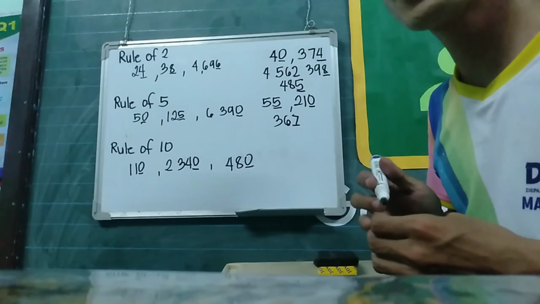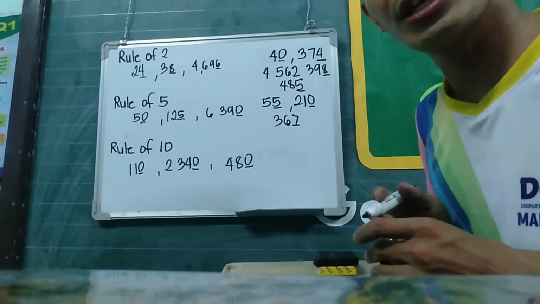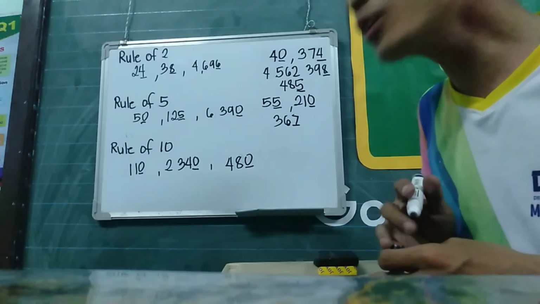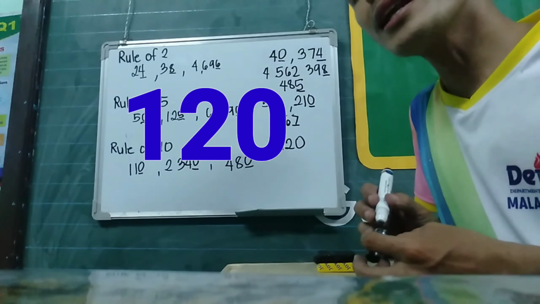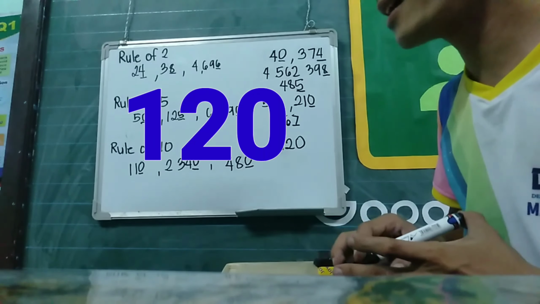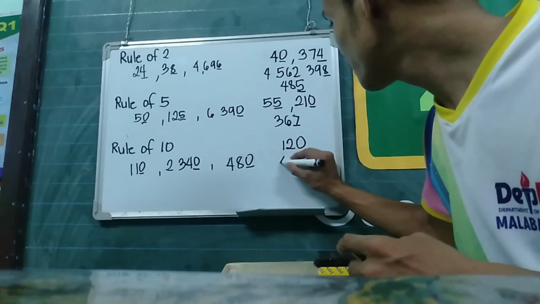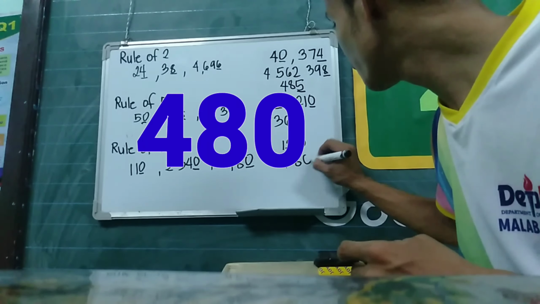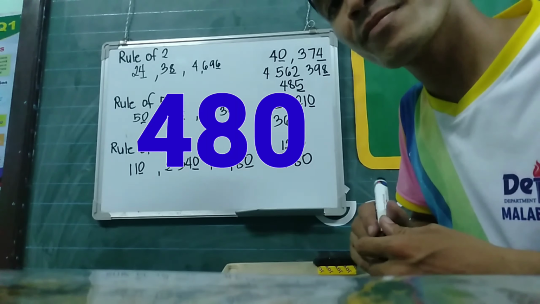Next, let's proceed to rule number 10. Just tell me if the number is divisible by 10 or not. 120. Is it divisible by 10? Yes. 480. Is it divisible by 10?